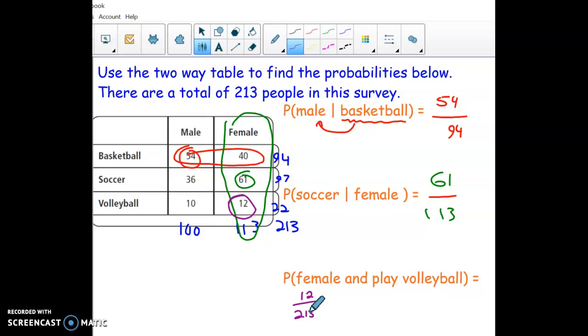The probability that an individual is female and plays volleyball is just 12 out of 213 total surveyed. On this test, I always tell kids you have to do what makes sense. You can't always rely on the formulas. Just think about what makes sense and do it that way, which is definitely true here.